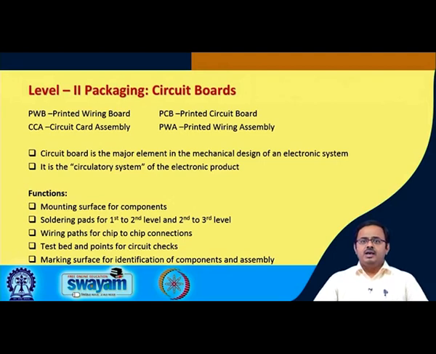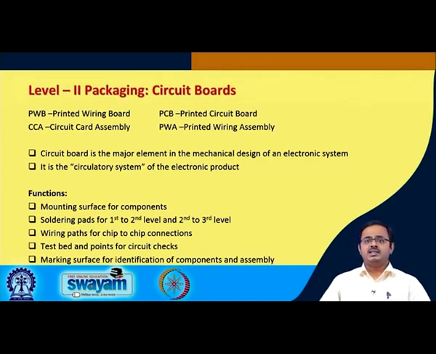Okay. The circuit board is also the test bed and points for circuit checks. Okay. So, this is where you also see, once you attach all the components, what is working, what is not working. You looked at the ball grid array, the pin grid array, land grid array. There are hundreds and hundreds, sometimes 1000 IOs, right. In BGA you can have 1000.